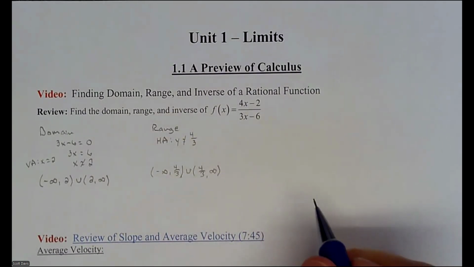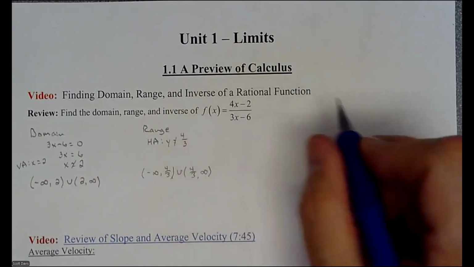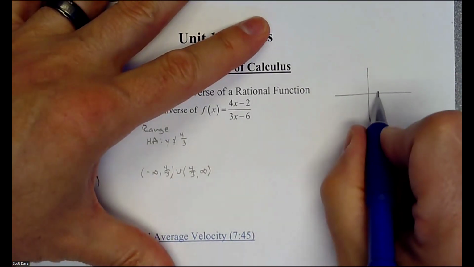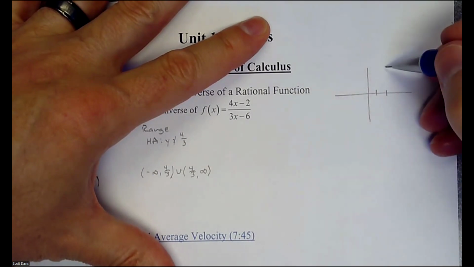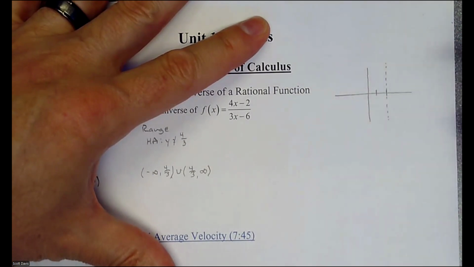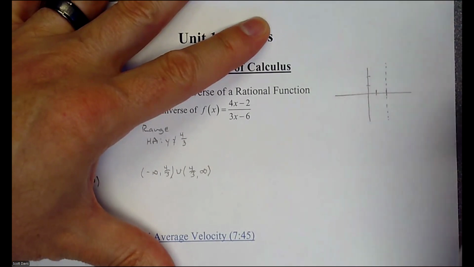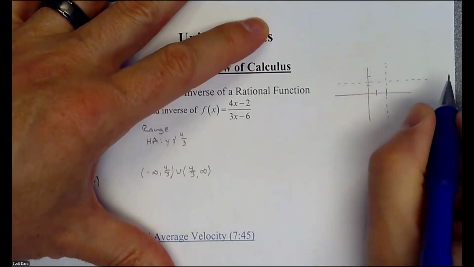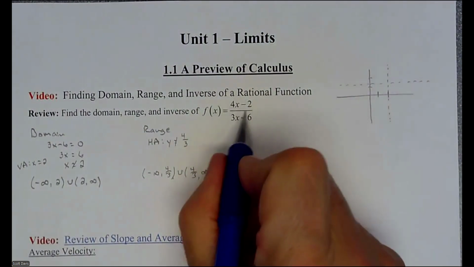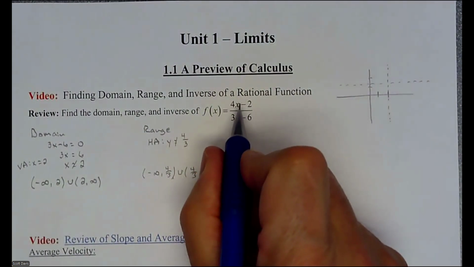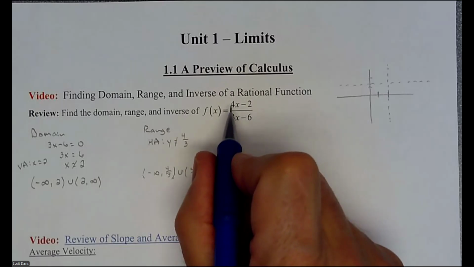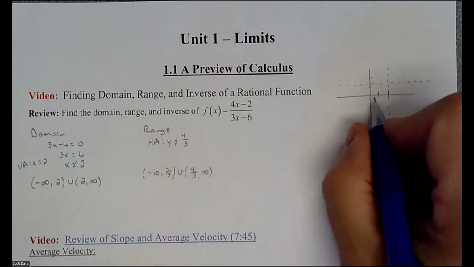Okay, so visually, here's what we have. This rational function has a vertical asymptote at 2, and a horizontal asymptote at 4/3. Another piece that helps us is that if we set the numerator equal to 0, that gets us an x-intercept. If we add 2 and then divide by 4, we get 1/2.